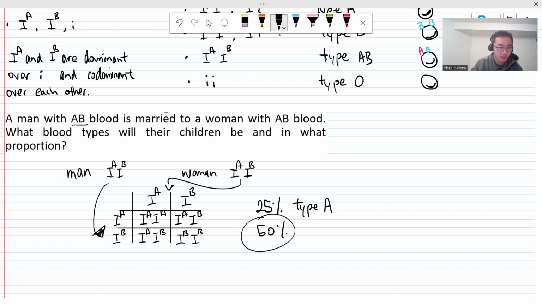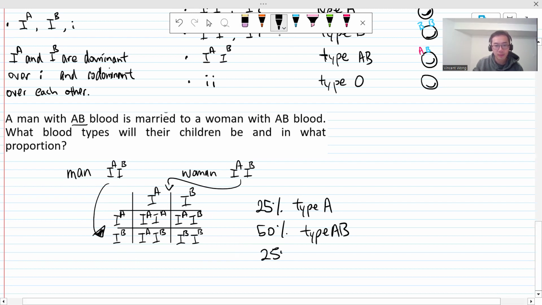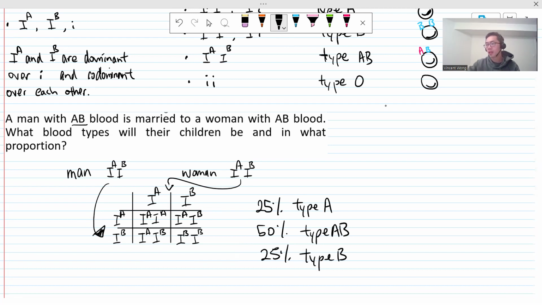Right, 50% what? I'm sorry, I missed that. AB. Yeah. Right, these ones, right? And then 25% type B. Is everybody okay with this setup? You should ask now if you are confused. It's only going to get more difficult.